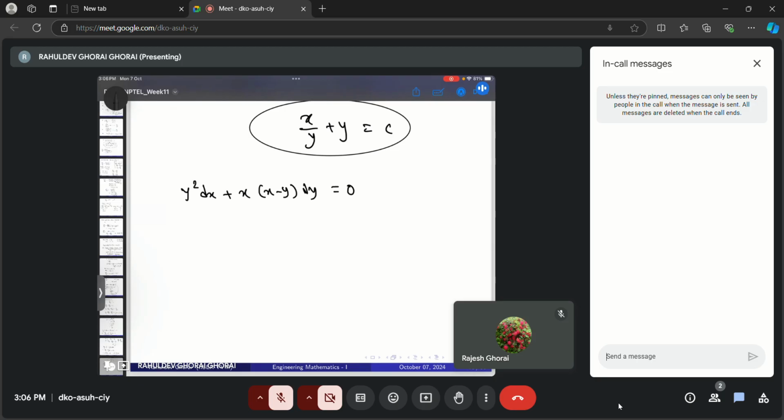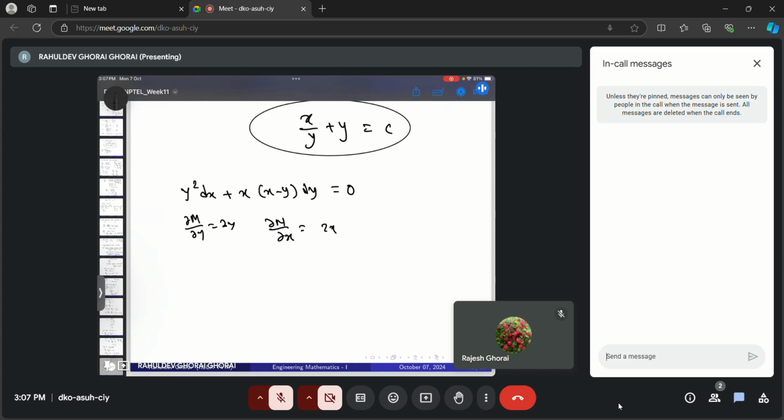First of all, you can find del M del y and del N del x. M is y square, so del M del y will be 2y. Del N del x will be 2x. So 2x cannot be equal to 2y unless x equal to y, but that is not always true. So del M del y is not equal to del N del x, and that's why the differential equation is not exact.